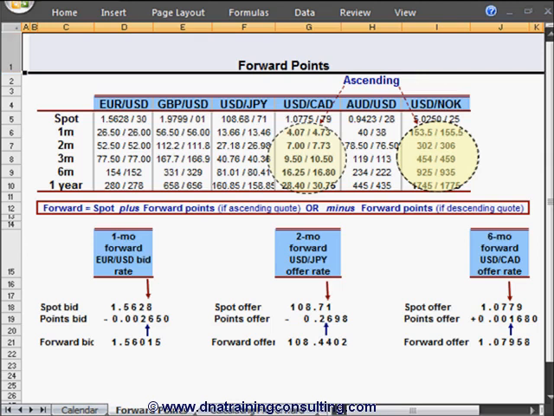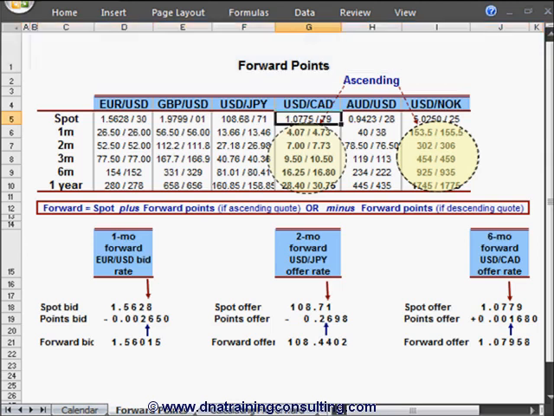Note that in the column for the Canadian dollar and for the Norwegian krona, the forward point quotations are in ascending order.